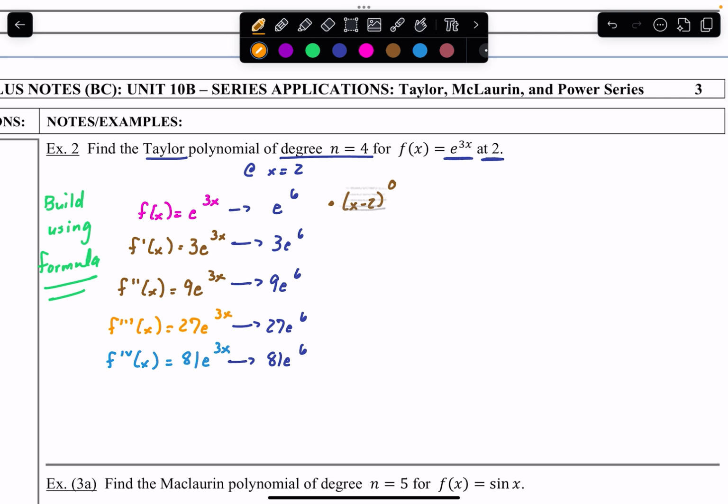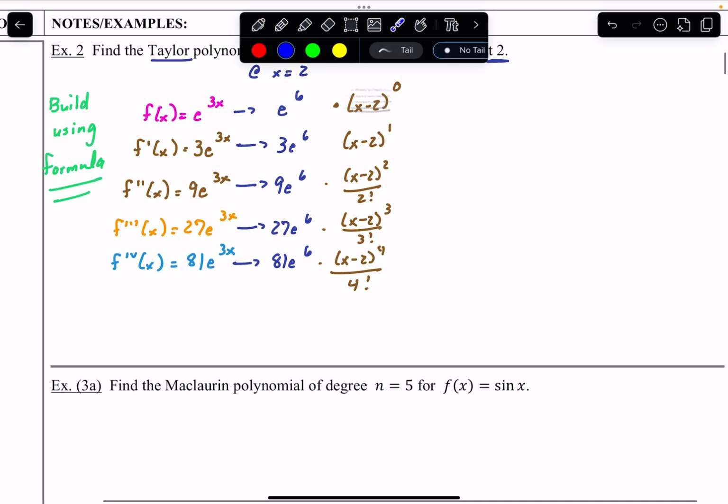And then we're going to do times x minus 2 to the 1 times x minus 2 squared over 2 factorial times x minus 2 cubed over 3 factorial. And that's going to be times x minus 2 to the 4th over 4 factorial. That does give me a 4th degree, which is what I expected. So all I need to do is write it out in polynomial form.